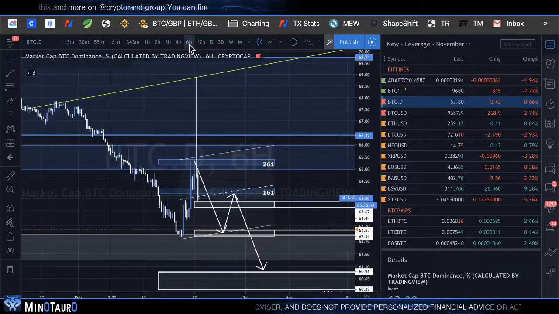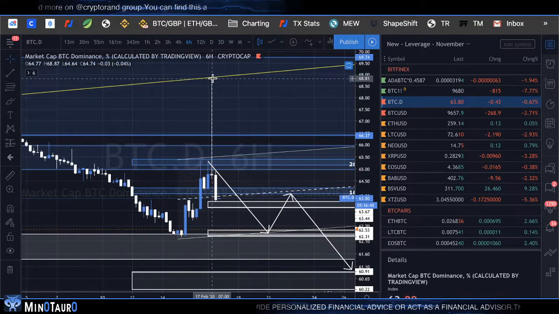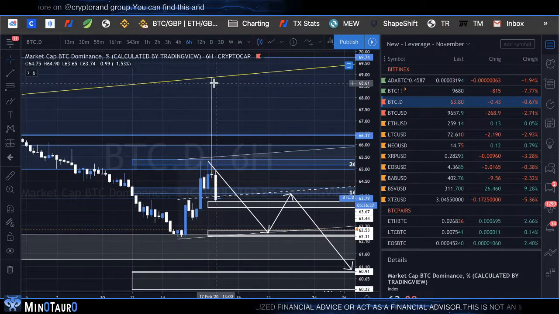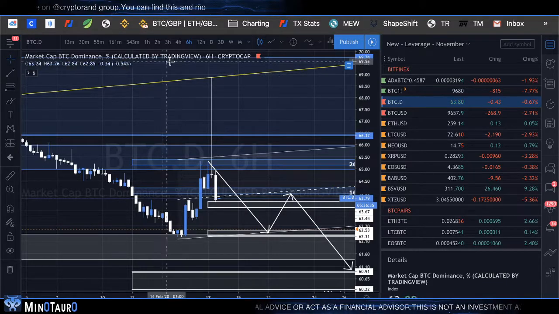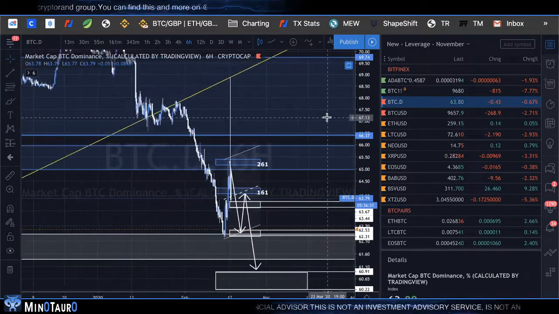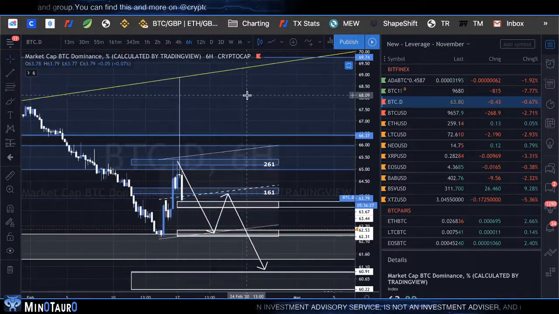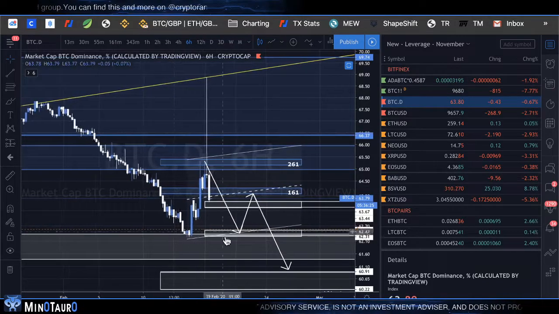Actually, in some of the time frames, it did this. I don't think it's real, it's just because it's calculated by TradingView, but as you can see, it went straight to our test zone. So let's say we can consider it done.